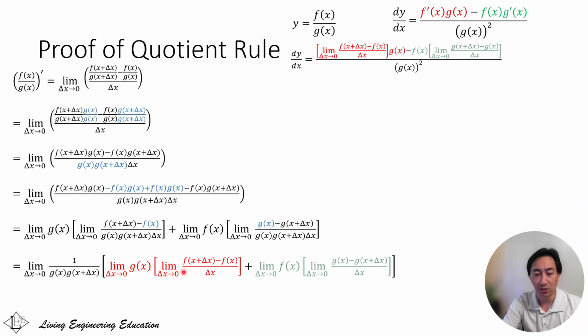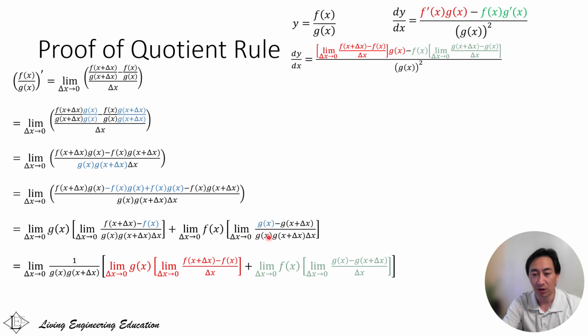And then I have the limit as Δx approaches 0 of f(x + Δx) minus f(x) over Δx from this term right there. And that's just your f prime term, which we see right here. Plus the limit as Δx approaches 0 of f(x), that's this one right there. Again, just like g(x), there is no Δx term, so this is just going to go to f(x).